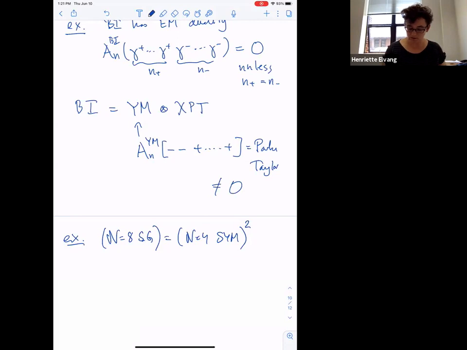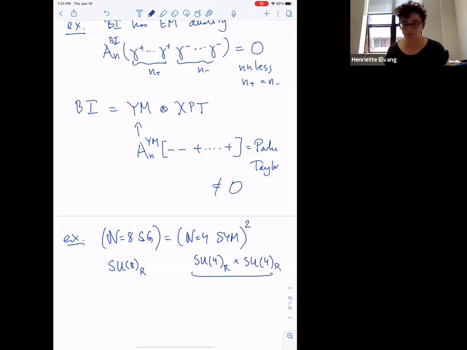All right, so global symmetries. N equals 8 supergravity has an SU(8) R symmetry that is unbroken. N equals 4 super Yang-Mills has SU(4) R symmetry. So the double copy will manifestly, automatically give you SU(4) cross SU(4).